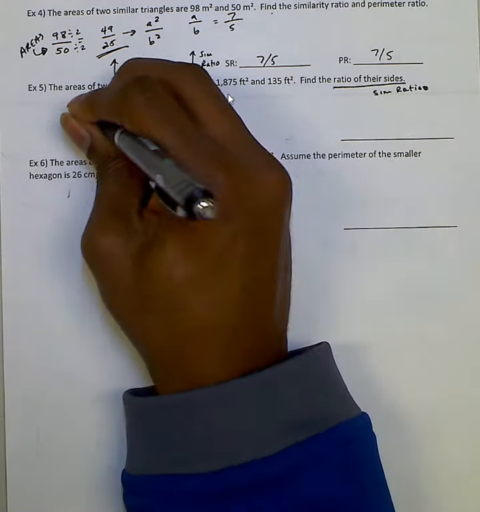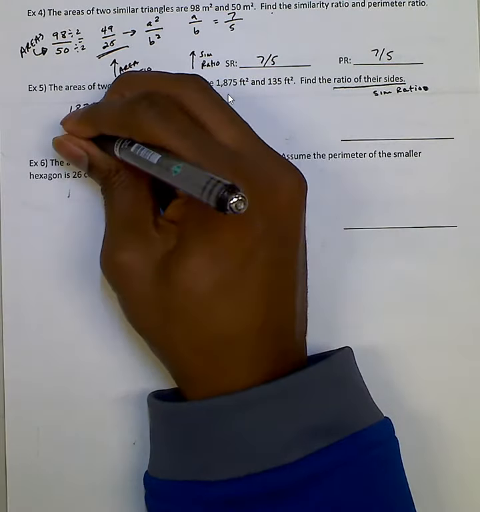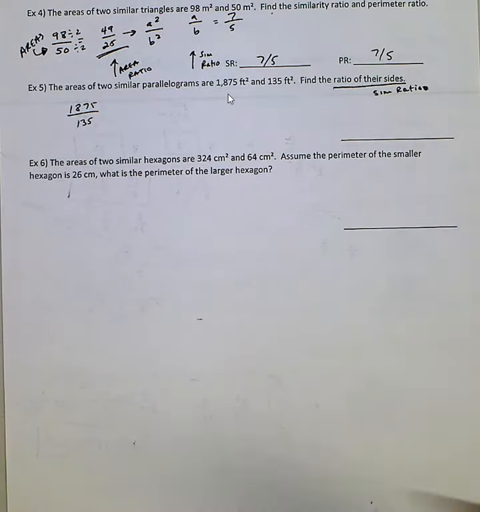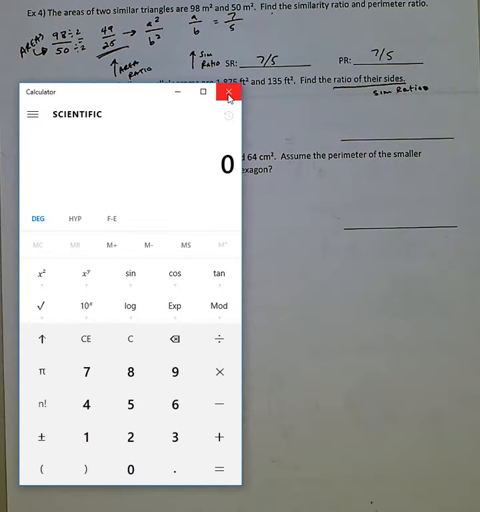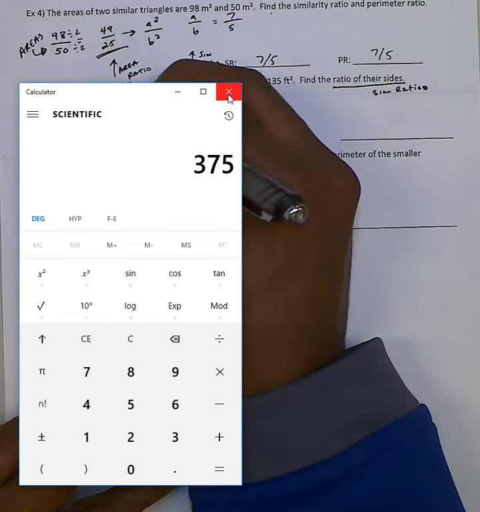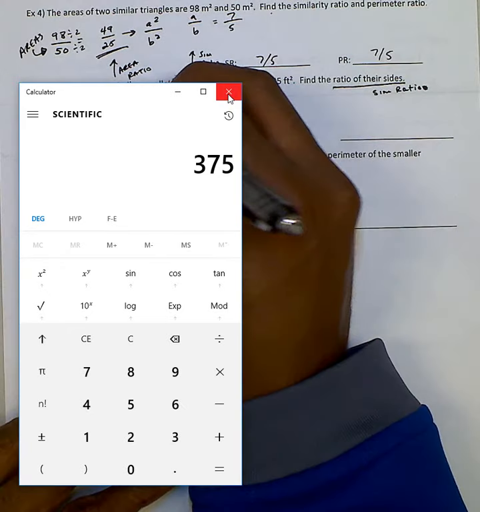Okay, and so they gave us the area, 1,875 over 135. We simplify that. See if I get a decimal. Nope. Okay, and so I'll do 1,875 divided by 5. That gives me 375. That divided by 5 gives me 27.